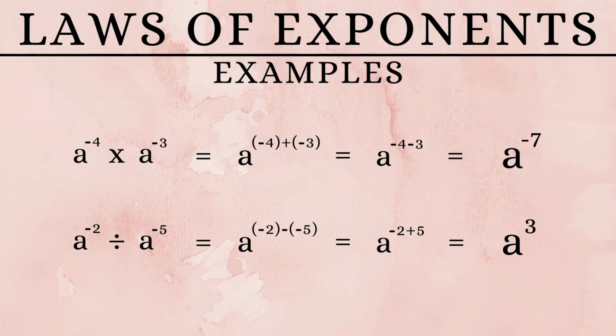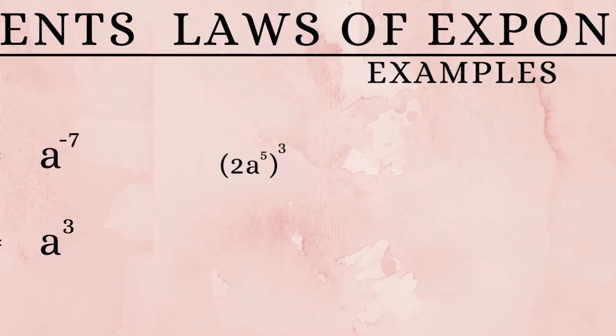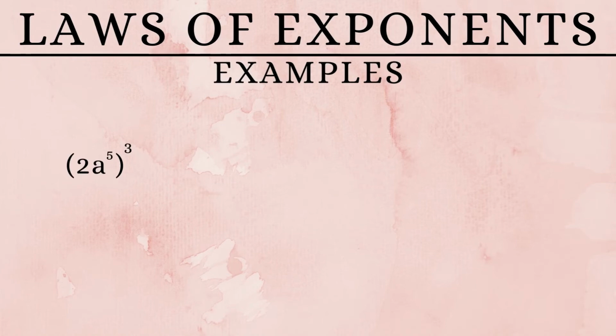In our next set of examples, we'll find out how to solve exponents of exponents. First example, 2a to the power of 5, the whole raised to 3. As our first step, we will try to eliminate the parenthesis by splitting the exponent 3 as 2 to the power of 3 into a to the power of 5, the whole raised to 3.